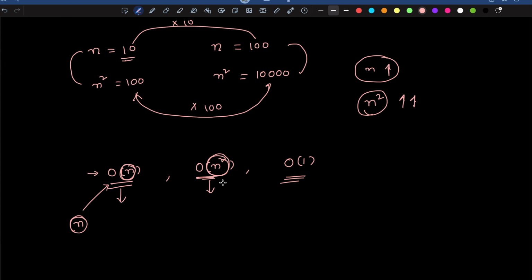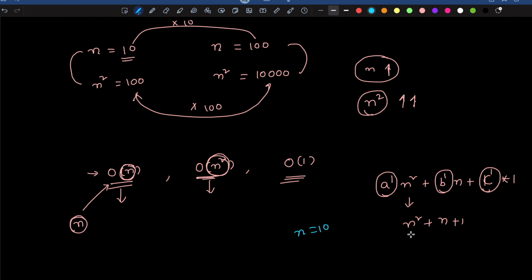Even if you want, you can verify this. I'm just taking the worst case time complexity, a' n square plus b' n plus c'. Let's assume a' value is 1, b' value is 1, and c' value is 1. So in the worst case, the expression becomes n square plus n plus 1. Now, if my value of n is equal to 10 and I substitute it into my equation, the value will be 100 plus 10 plus 1, which is equal to 111.